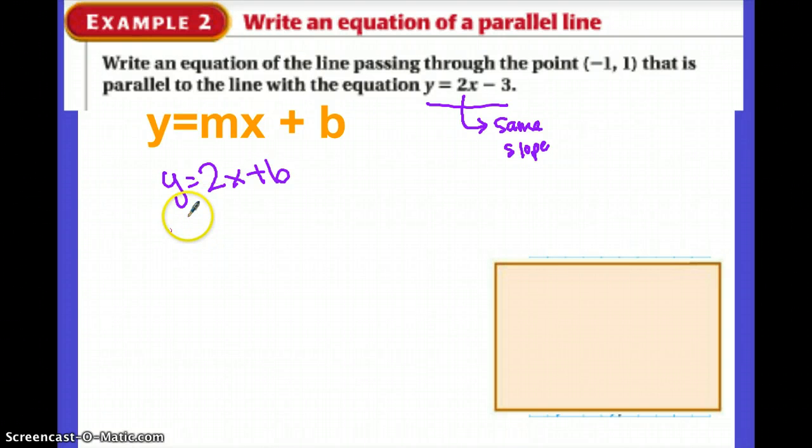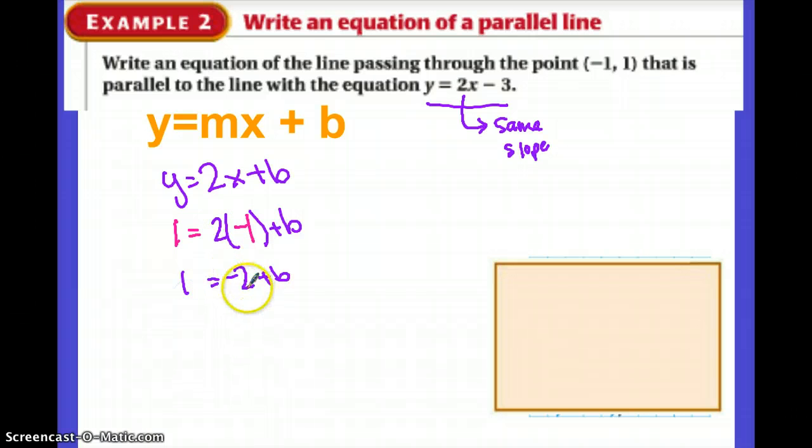I do know a y value, and I do know an x value. So plugging that back into our equation, I can find b by plugging those numbers in. 1 equals 2 times -1 plus b. How do I get rid of a -2? I'm going to add it to both sides.